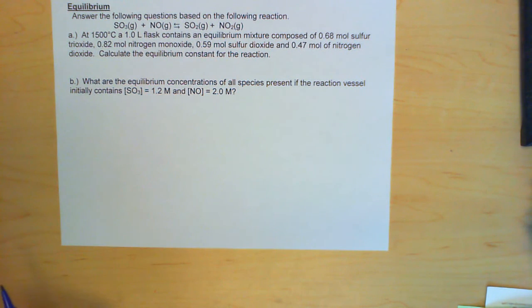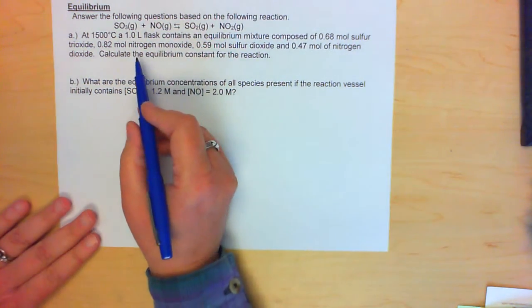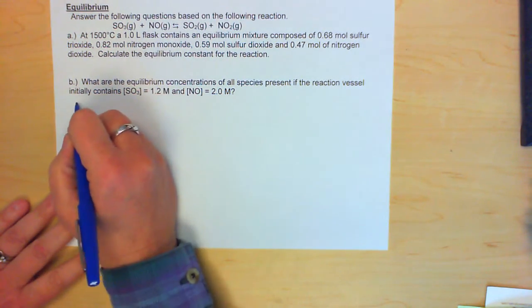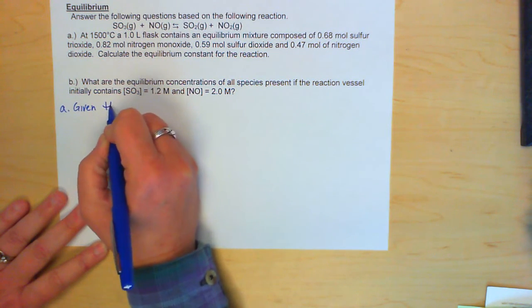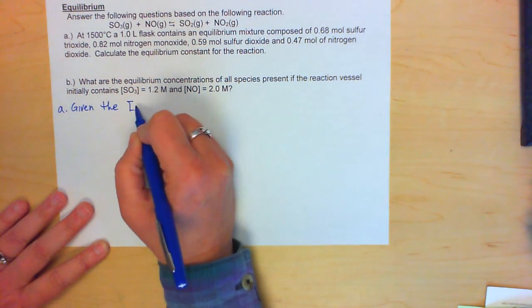We're told that at a given temperature, a 1 liter flask contains an equilibrium mixture composed of 0.68 moles sulfur trioxide, nitrogen monoxide, etc. So basically, what we're given in A is the equilibrium concentrations.